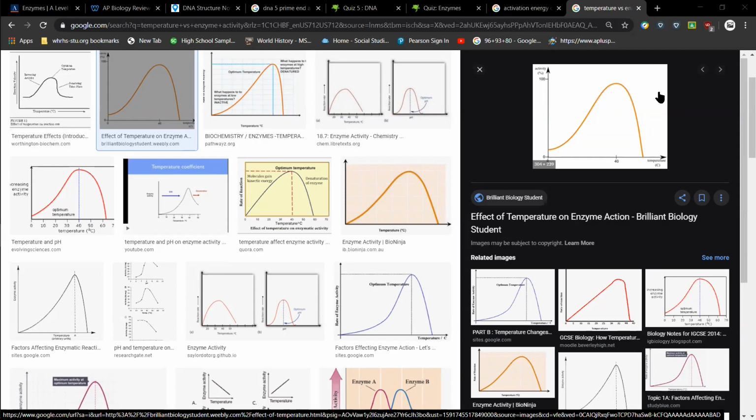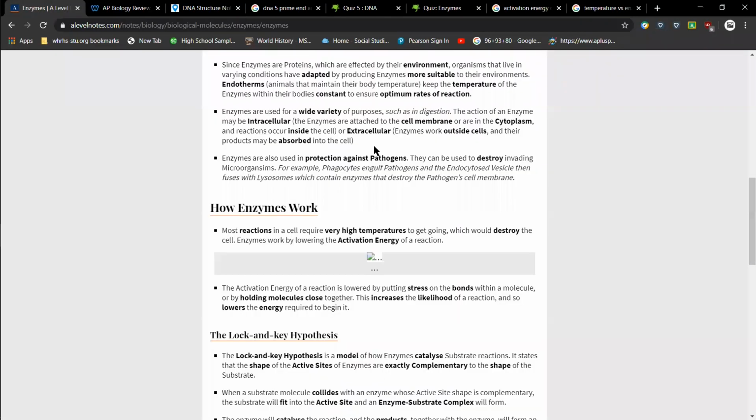Some may work best at like 100 degrees Celsius, who knows? So the average temperature is what is shown in this graph. This is like the average temperature of all enzymes. So that is really important for immunology because it relates to how well your enzymes function. So that is the effect of temperature on enzymes.